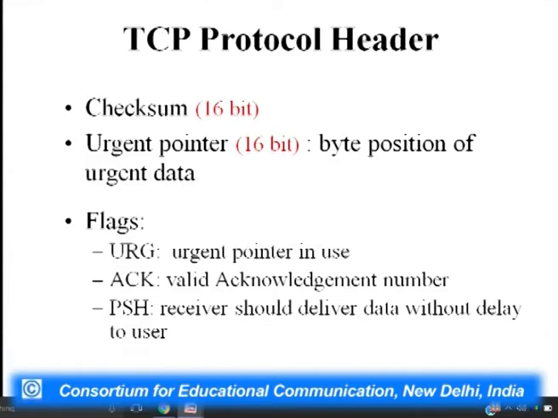The 16 bits put in this field are checked by the receiver to see whether the segment has an error. How is it done? If you apply a function on your TCP header and data, it gives some output, and that output you save in the checksum field.